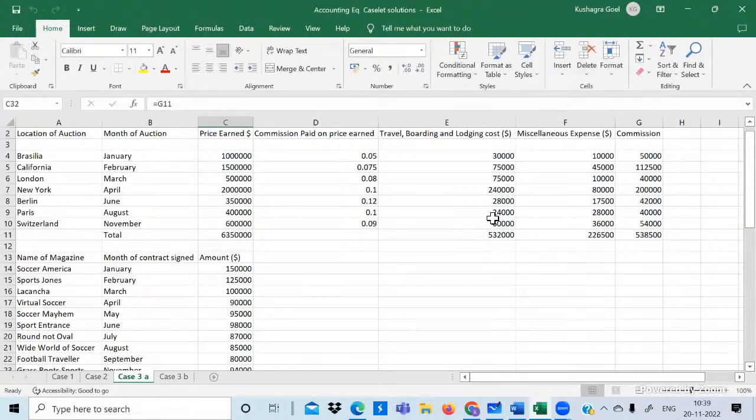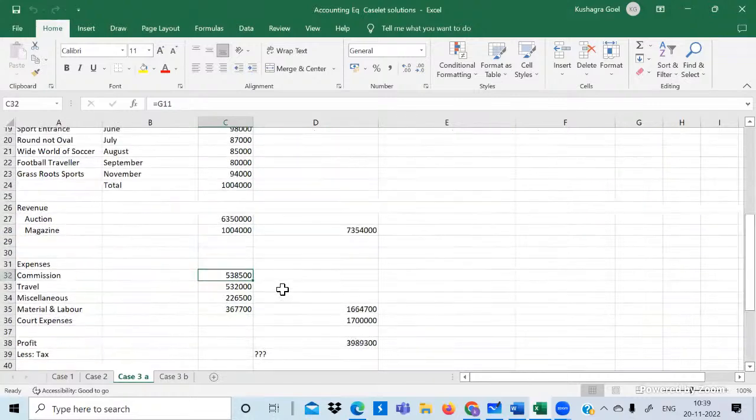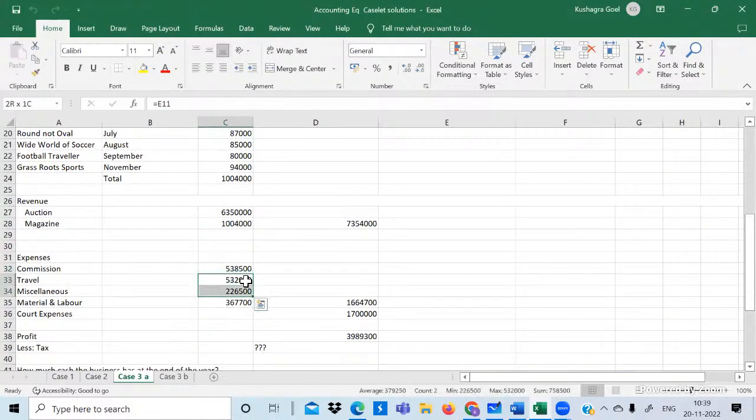Miscellaneous expense was 2,26,500, and the traveling and the boarding cost was 5,32. So I've written these numbers over here. Any doubt with these three numbers? The commission, traveling, boarding, and lodging cost, and the miscellaneous expense. Any questions on this? Fine. Okay, then let's move further.